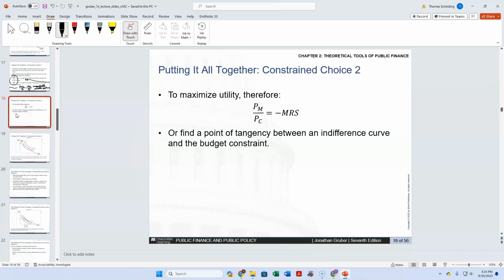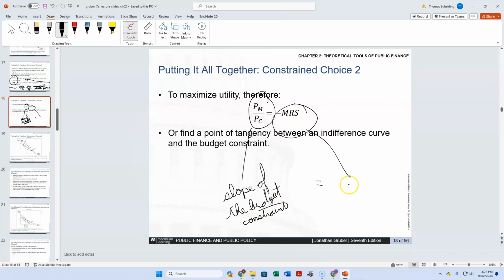That the point of maximizing utility is where the slope of the budget constraint is equal to the slope of the indifference curve.